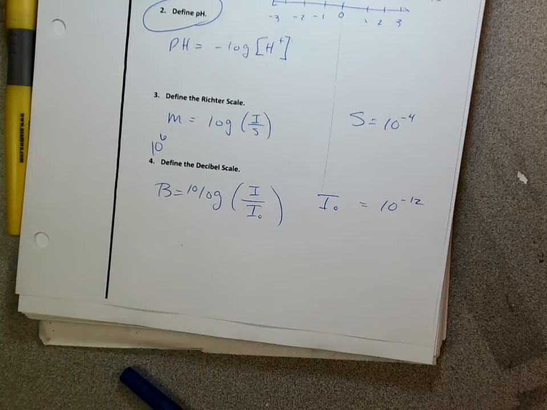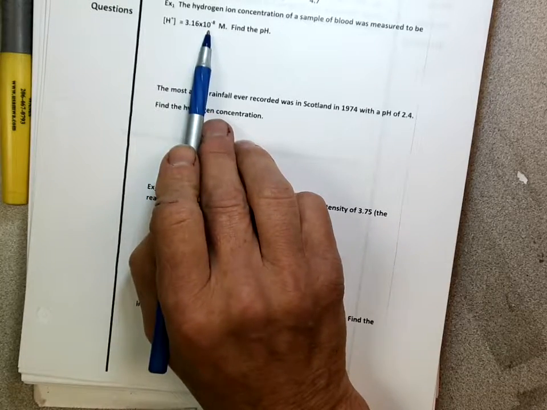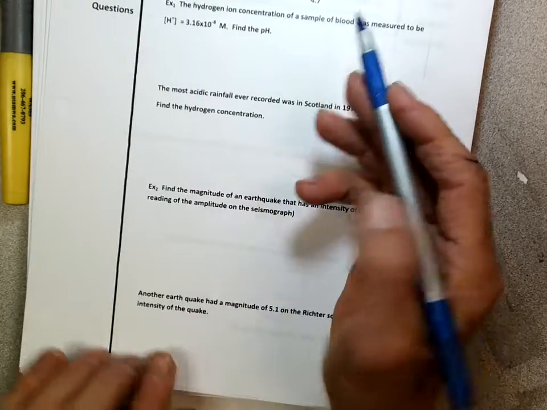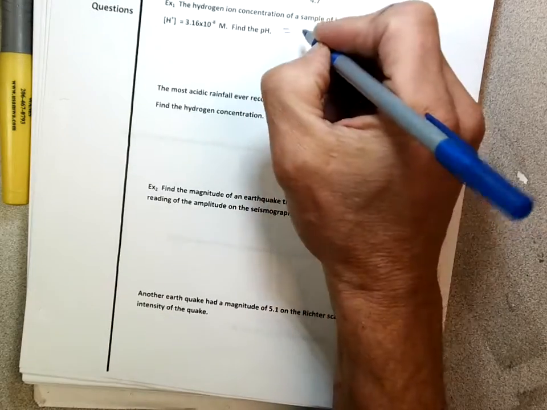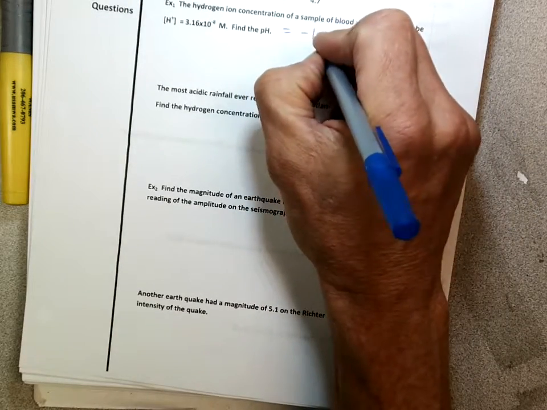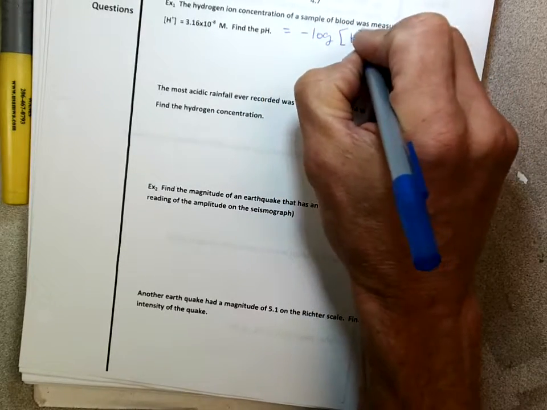So let's shift to our notes, all right? So first example, let's take a look at it. Example 1, the hydrogen ion concentration of a sample of blood was measured to be about 3.16 times 10 to the negative 8. Now this is a pretty easy problem. So let's go back to what our notes say, okay? So pH is equal to the negative log of my hydrogen concentration, all right?